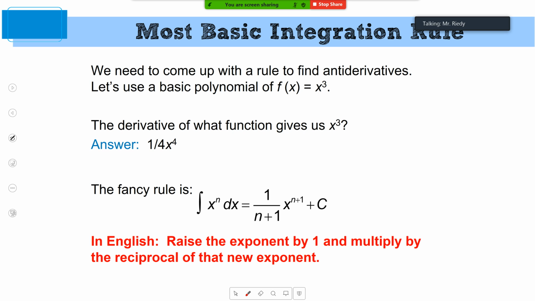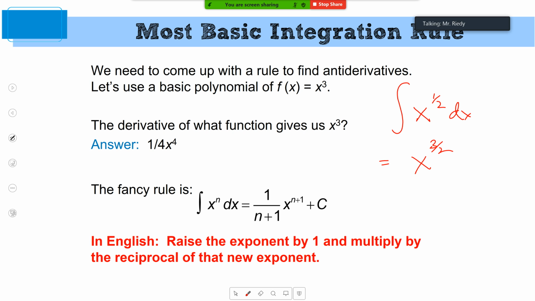Now, what's the difference? Well, there is no difference except using the method in red, you don't have to worry about taking 1 divided by whatever. So for instance, if I had x to the 1/2, what's the antiderivative of x to the 1/2? Raise the exponent by 1, so that would give me x to the 3/2.